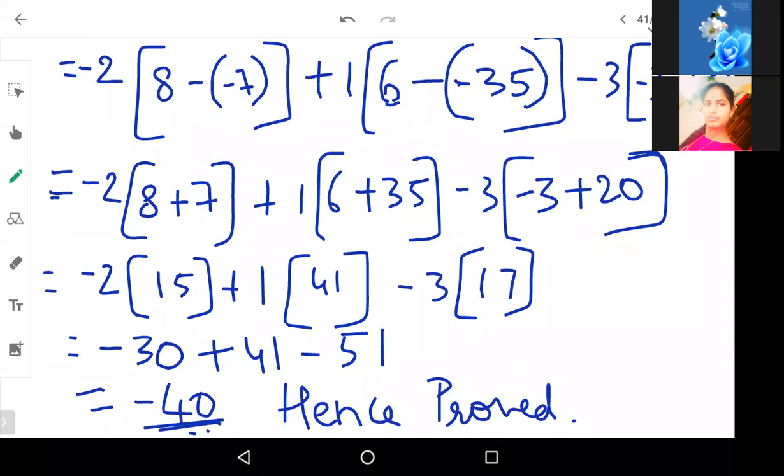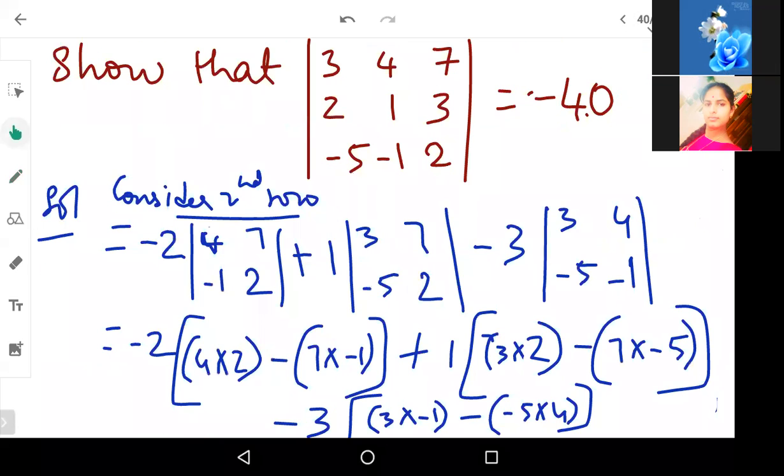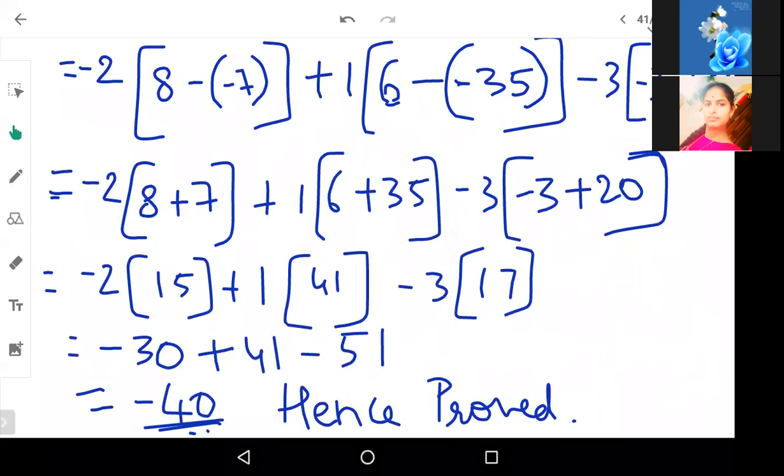So what did they ask us? They asked us to show if the value of this determinant was minus 40, and we did the procedure and we showed them that it is minus 40. So which means you can take the first row and solve, you can take the second row also and solve, you can take the third row also and solve.